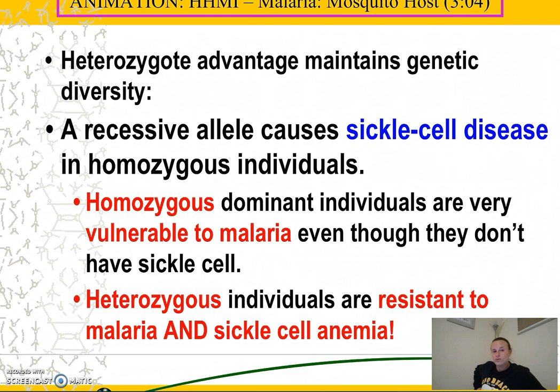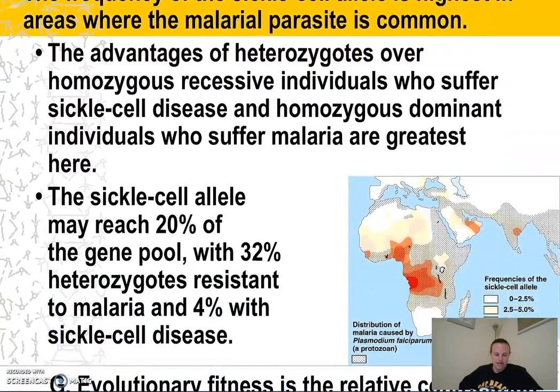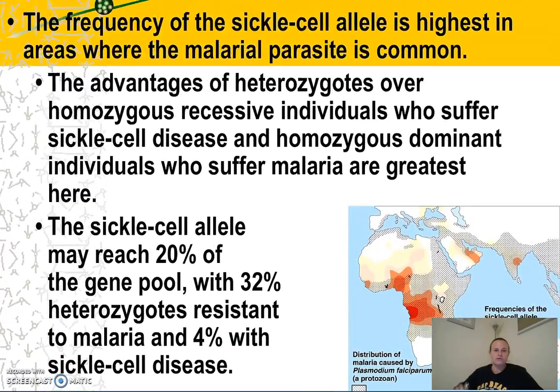I probably won't survive, and therefore I will not pass on being homozygous dominant. If I'm recessive, then that means I have sickle cell disease, and I also won't survive and pass on that trait. It's only the heterozygous individuals that will survive and then pass on that favorable trait.